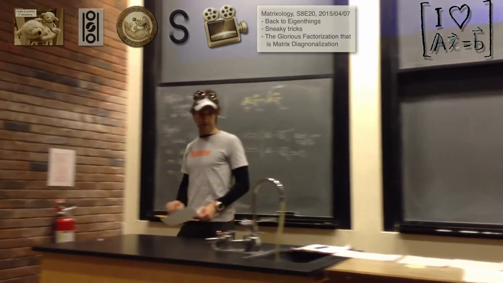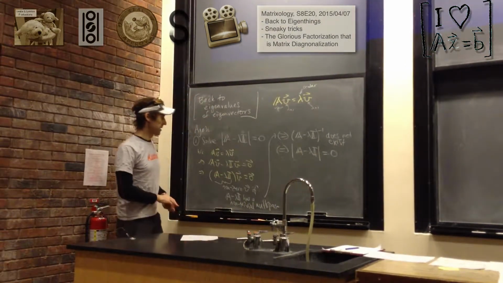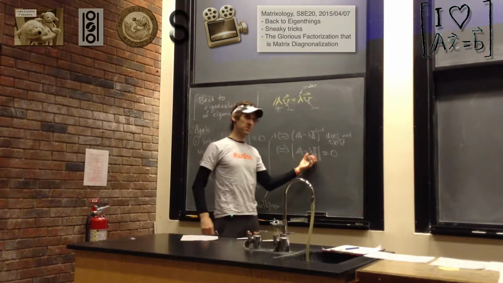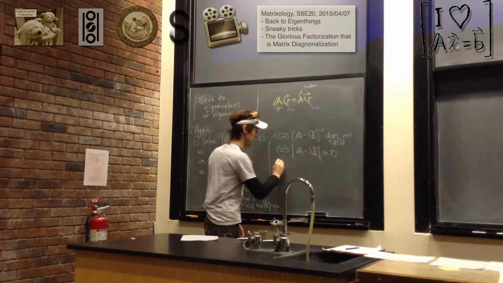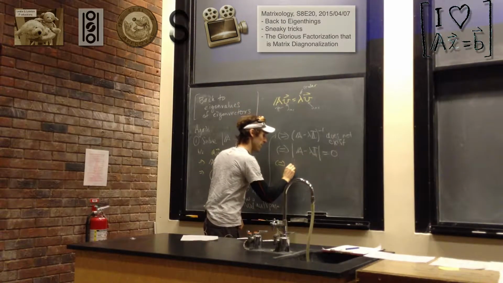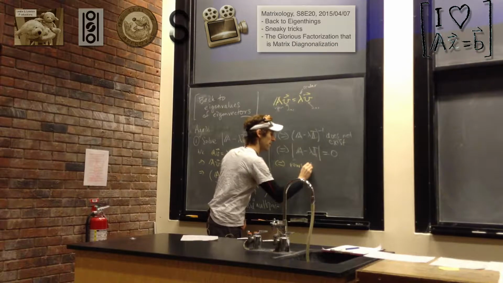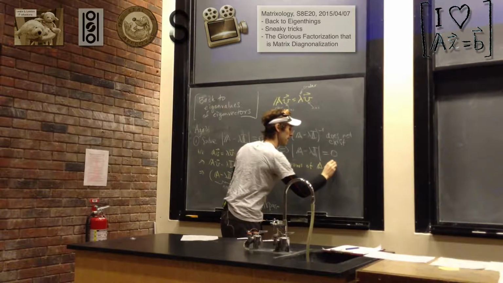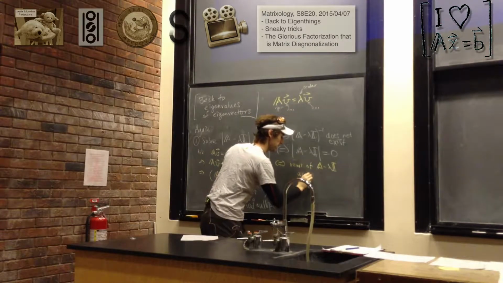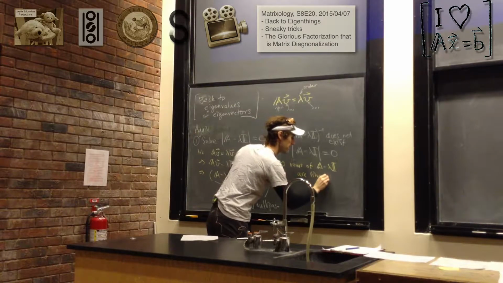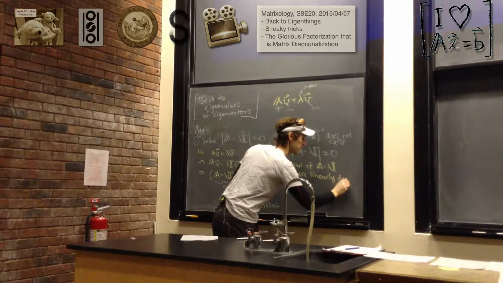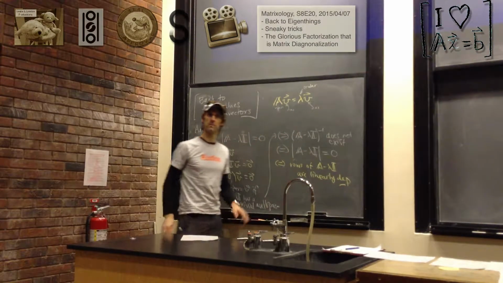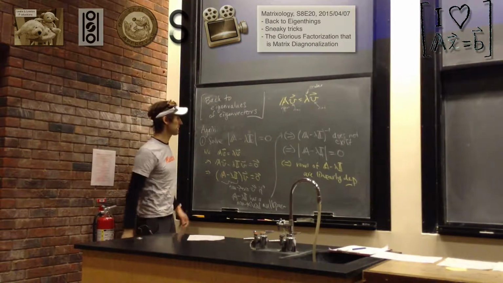We draw parallelograms, which is enough. So the volume is 0. Another way to say this is that the rows of A minus lambda I are linearly dependent.